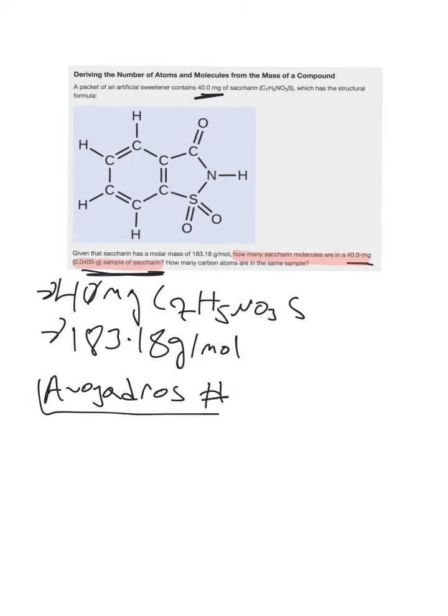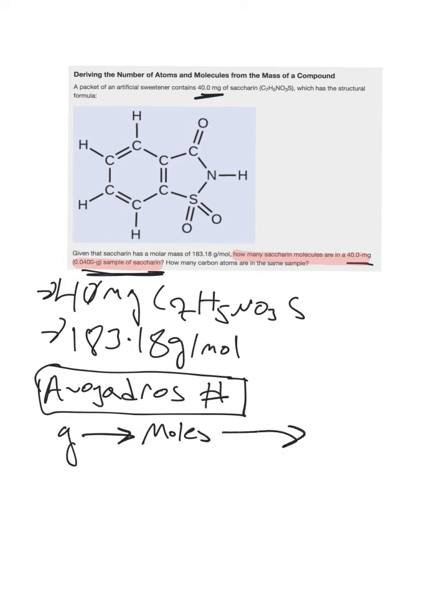Right, so the amount of molecules total is going to be a conversion where we start in grams, or we start in milligrams, but we'll do that conversion. But we do grams to moles to the number of molecules of our saccharin.